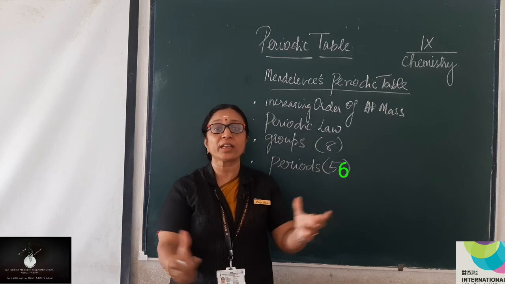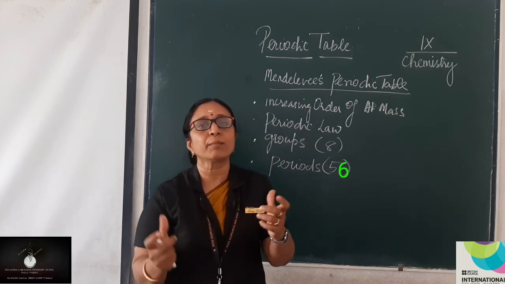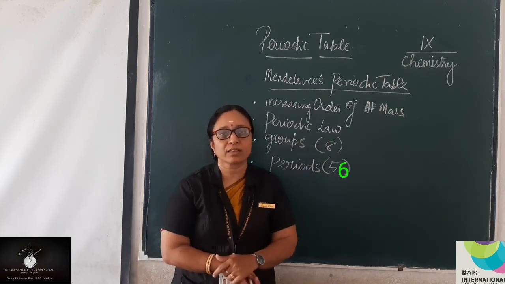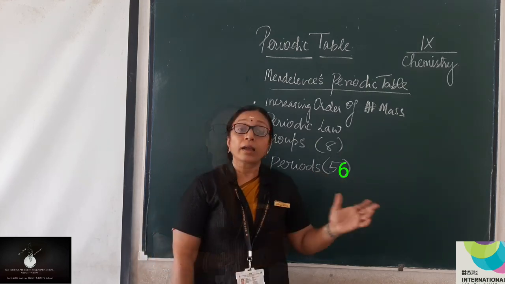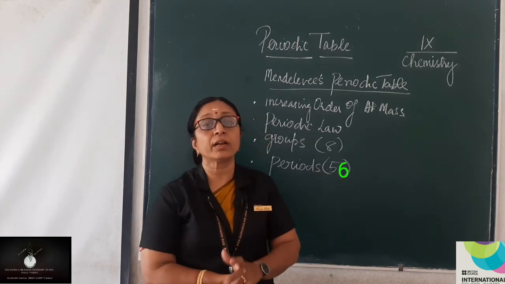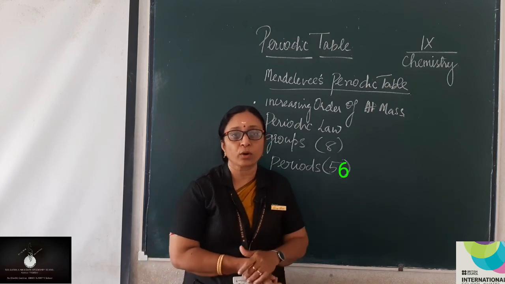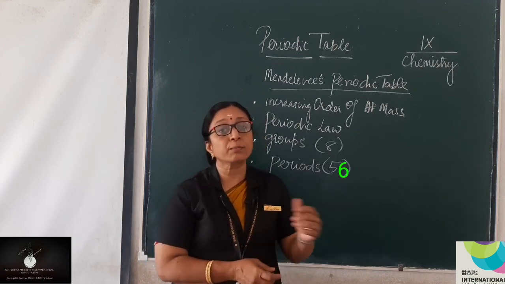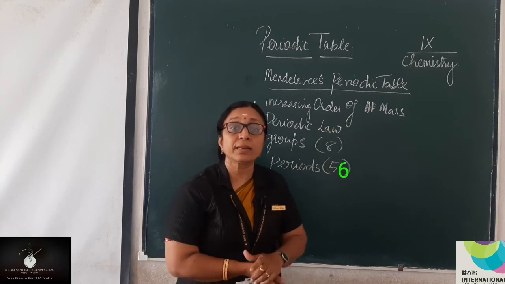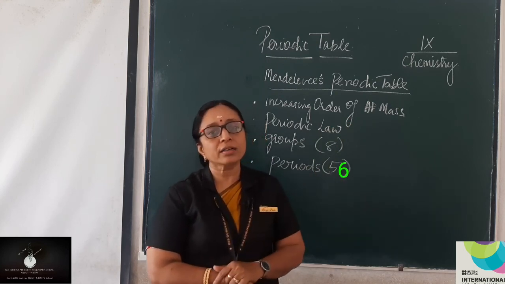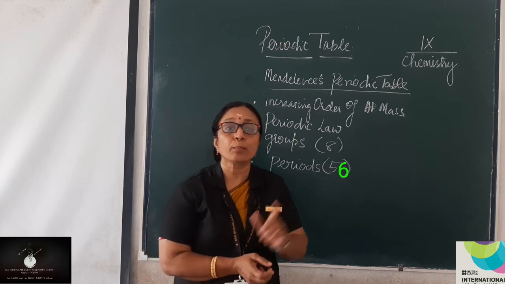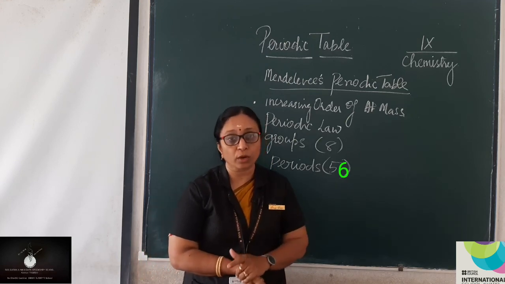What was the second disadvantage? Hydrogen has not been given a proper place in Mendeleev's periodic table, because it is placed just above metals like sodium, potassium, lithium, isn't it?